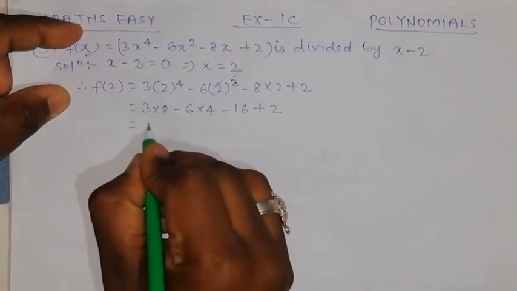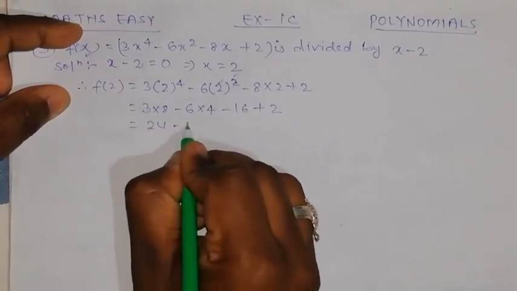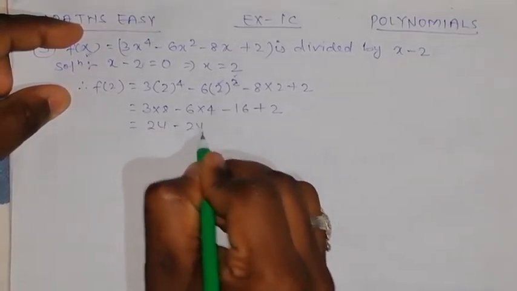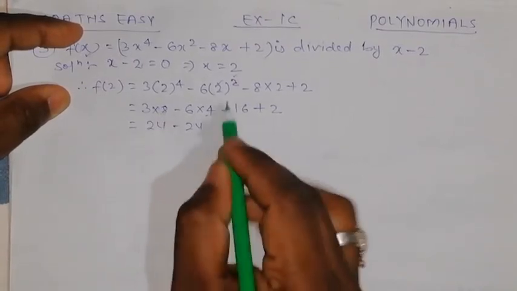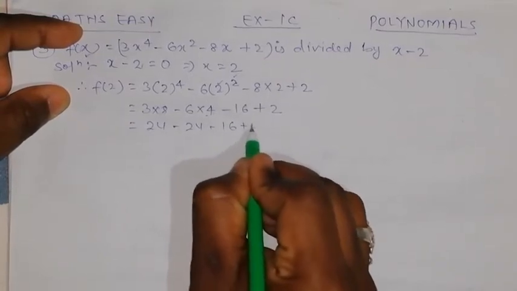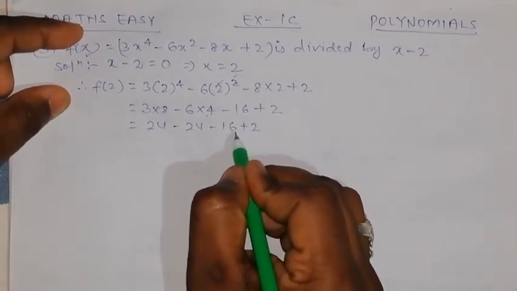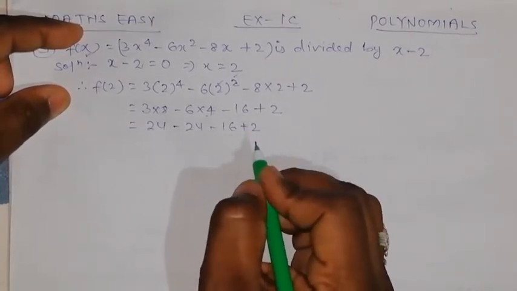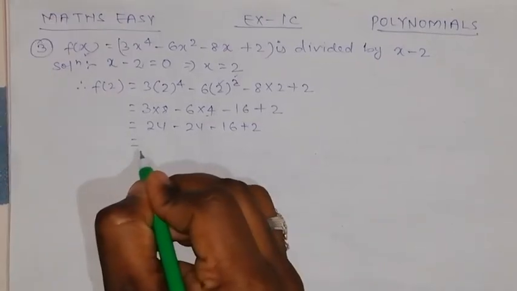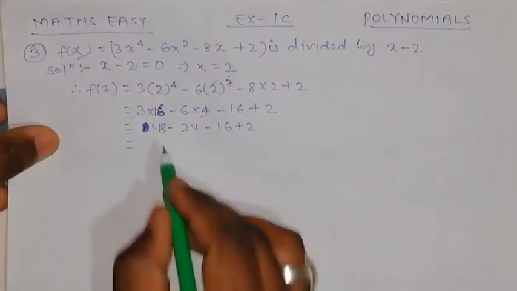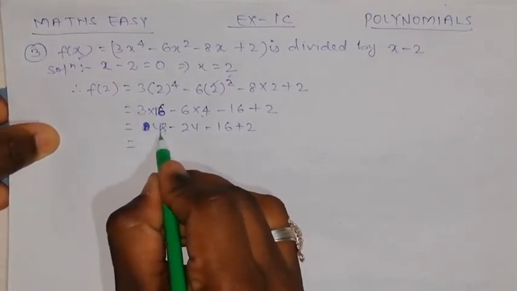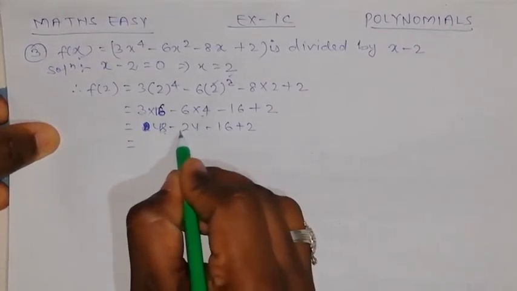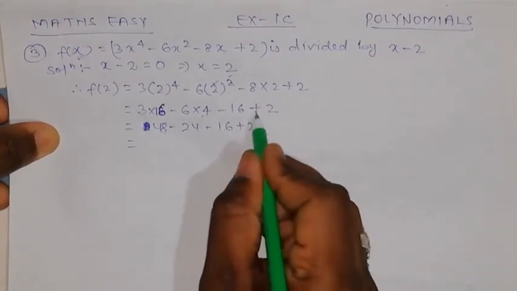That is 3 into 16 is 48, minus 6 into 4 is 24, minus 16 plus 2.